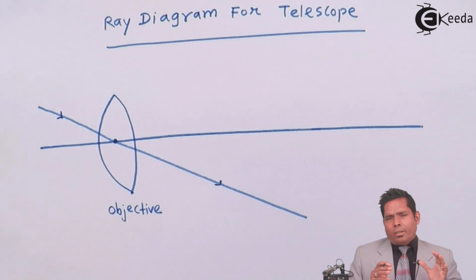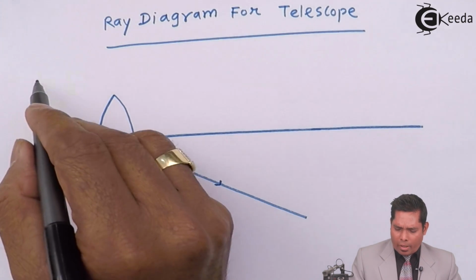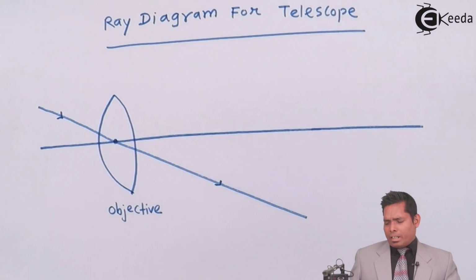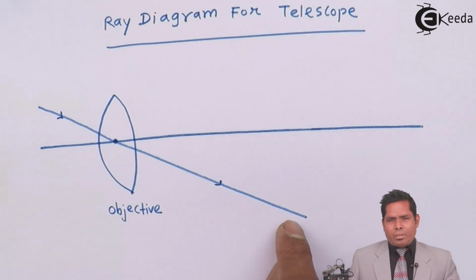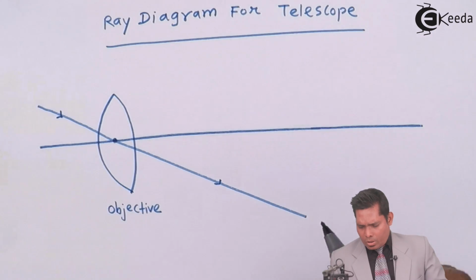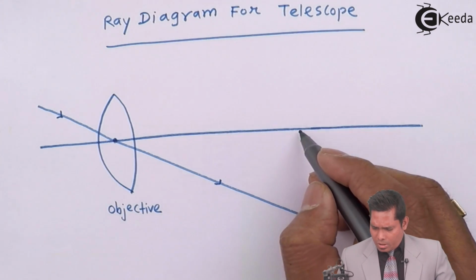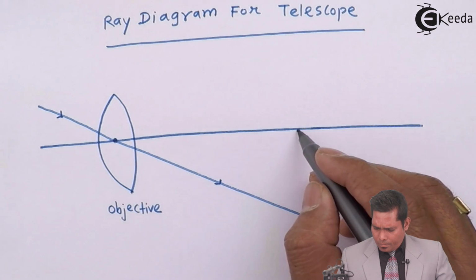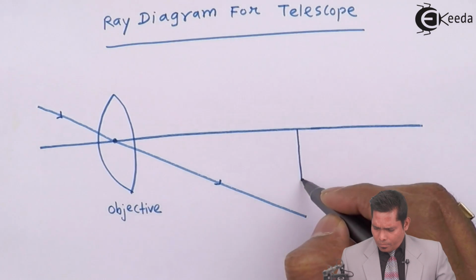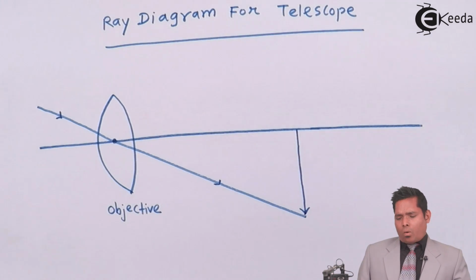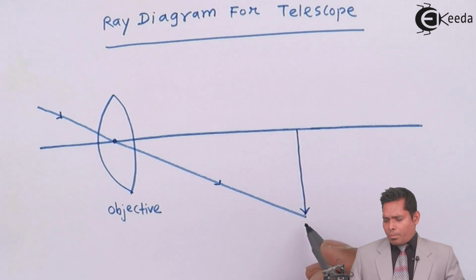The other ray must be parallel to this, so I can draw another ray over here, but I will not draw that because that will complicate the situation. First let me draw with a single ray, and then I can lightly put the other one also. So here this is the image of the distant object which is from here.